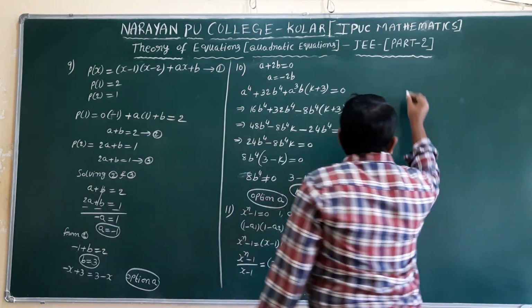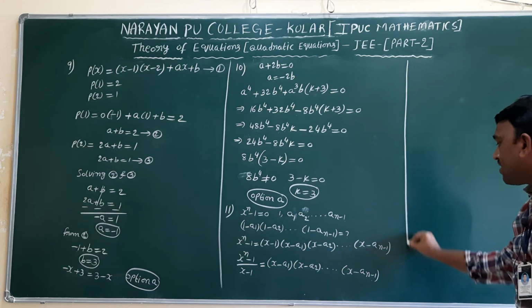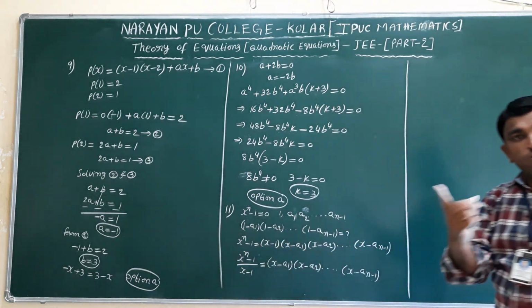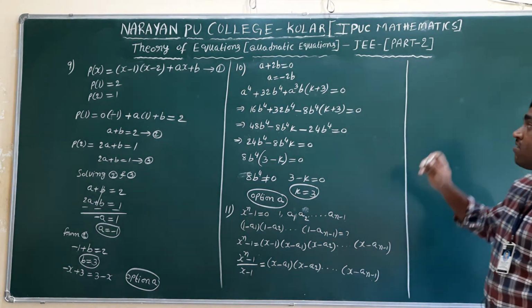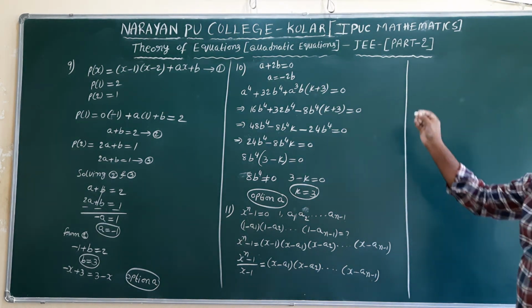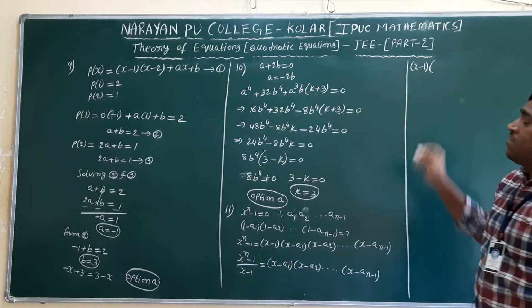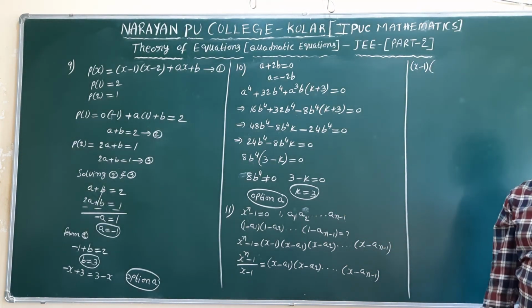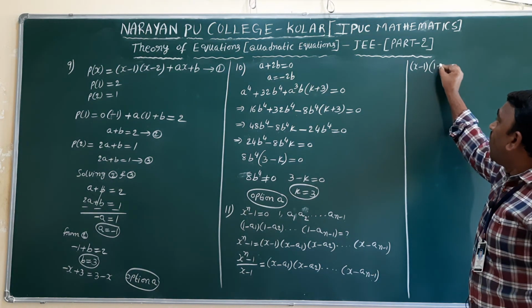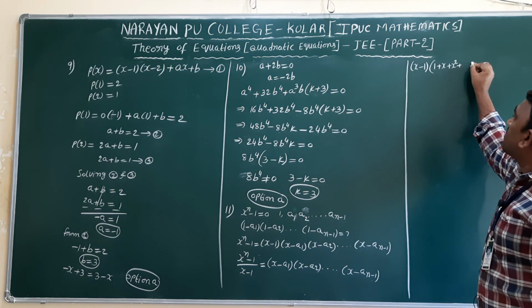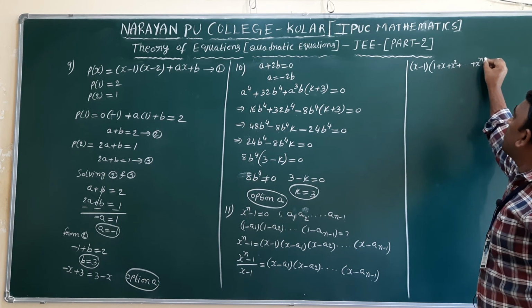So in the left side, like x power n minus a power n in the numerator, we can write 1 power n, whose value is 1 only. So x power n minus a power n we can write as x minus a into, where a value is 1 here, x minus a into 1 plus x plus x square plus and so on plus x power n minus 1.